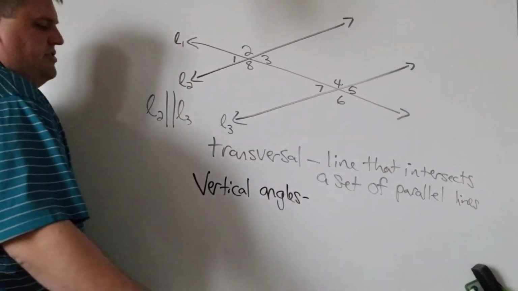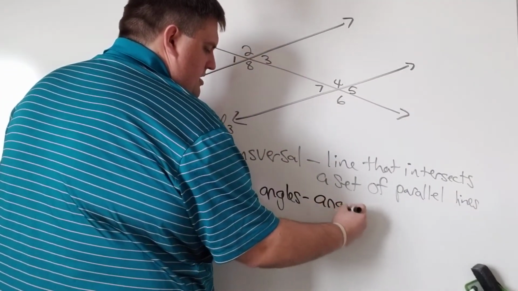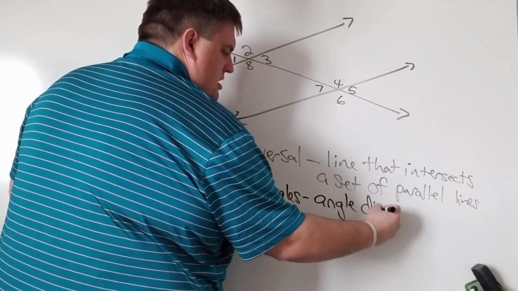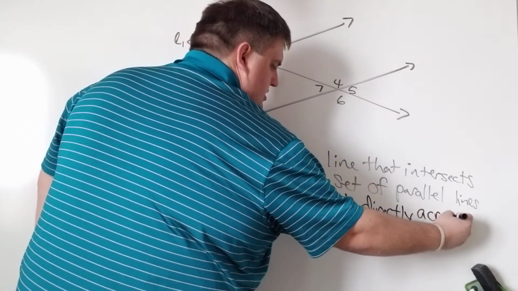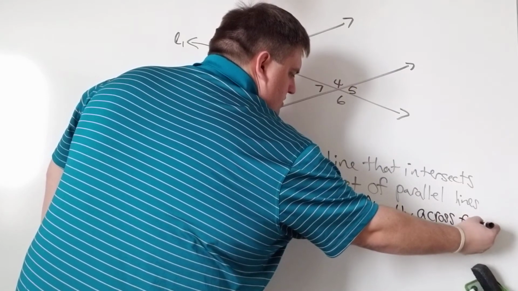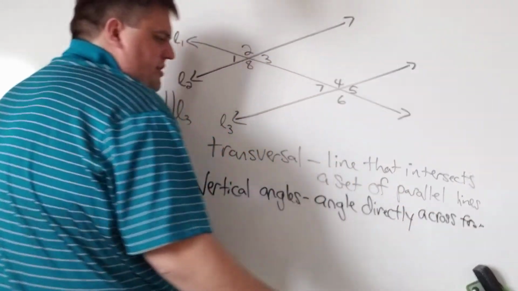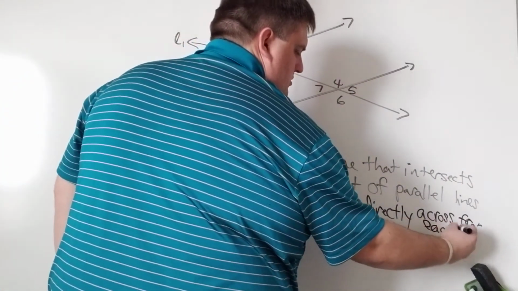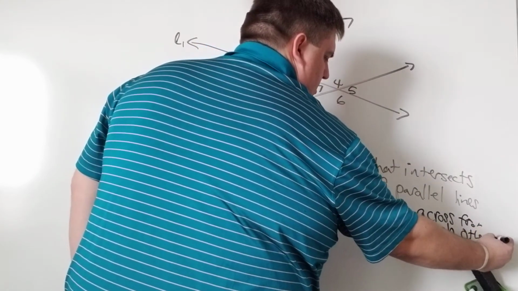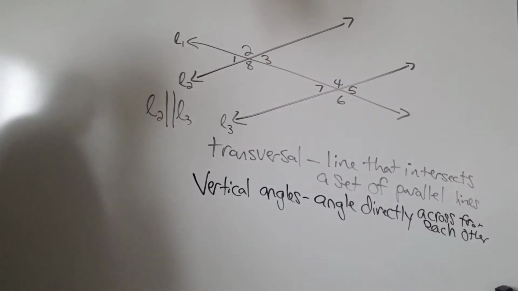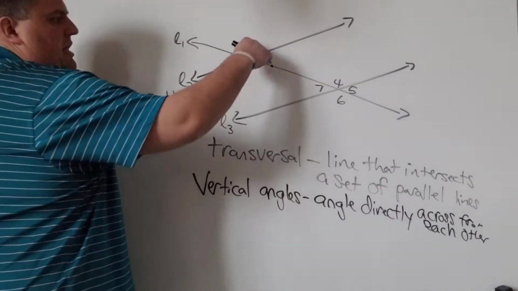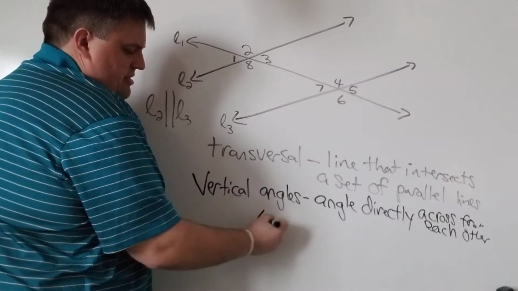And vertical angles are angles directly across from each other. So for example, here in our picture, vertical angles would be like angle 2 and angle 8.